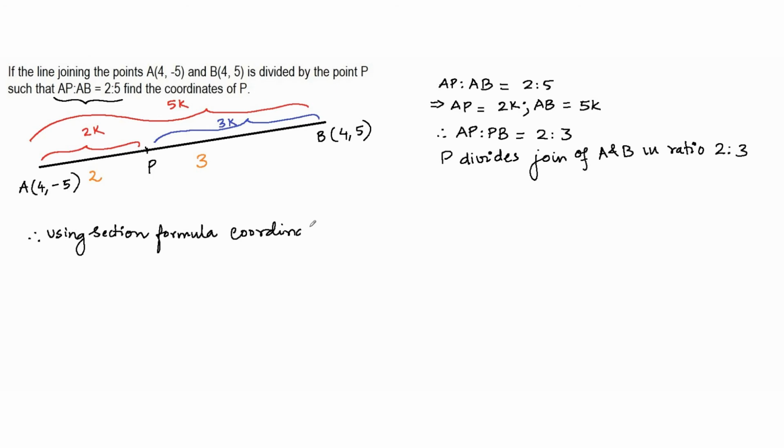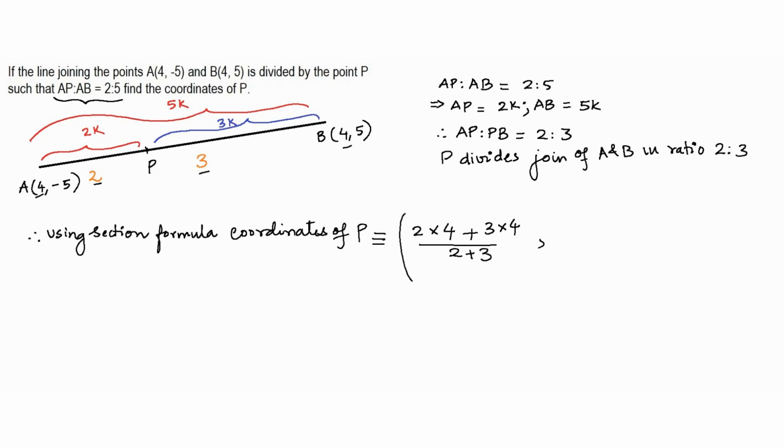So the coordinates of P therefore are, I can use the idea of cross multiplication. It's going to be 2 into 4. So you take 2 and multiply it with the x coordinate of B, plus take 3 and multiply it with the x coordinate of A, so 3 into 4, divided by 2 plus 3, comma.